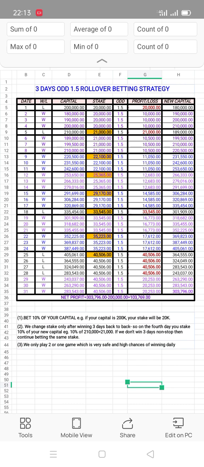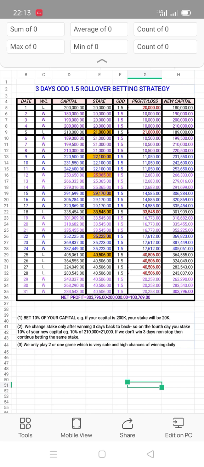You continue using the same stake which you have started with. So for a 2 days rollover, it means you must win 2 days non-stop. After winning 2 days non-stop, again you go to a new stake. If you lose in any of those 2 days, then you will continue staking the same stake.